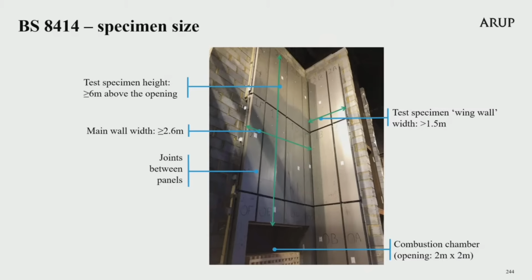There are 2 8-metre high test walls arranged at 90 degrees to represent the inner angle of a corner. The test specimen on the main wall must be a minimum of 2.6 metres wide when measured from the corner and a minimum of 6 metres in height when measured from the top of the combustion chamber. The return wall must be a minimum of 1.5 metres wide and 8 metres in height.